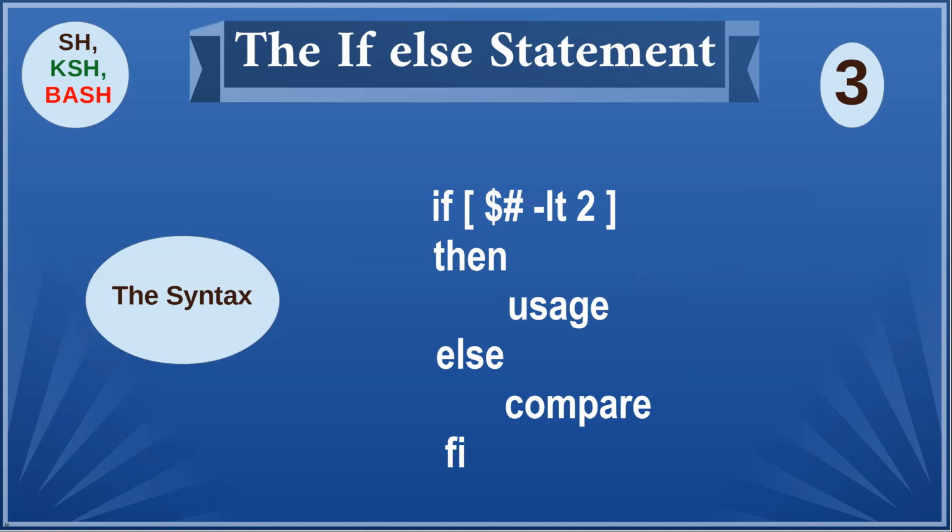So now this is the syntax. For example, in this example, we were saying if $# is less than 2, then call the usage function, else do the comparison function. So if the number of arguments given is less than 2 and you're looking for 2 numbers and the user only provided 1 or none, then you're going to call the function usage.